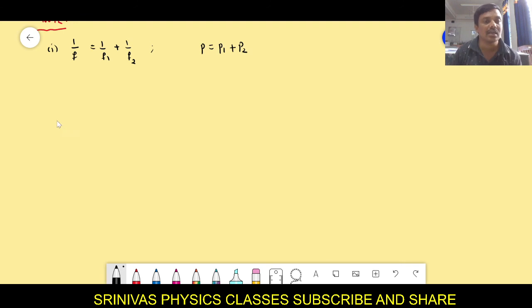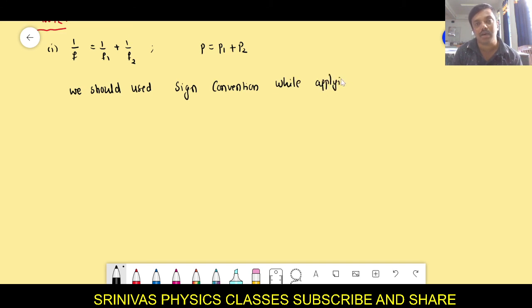We should use sign convention rules while applying the above formulas. मतलब, प्रॉब्लम सॉल्व करते समय इफेक्टिव पावर या इफेक्टिव फोकल लेंथ फाइंड आउट करने के लिए साइन कन्वेंशन रूल्स अप्लाई करना है.